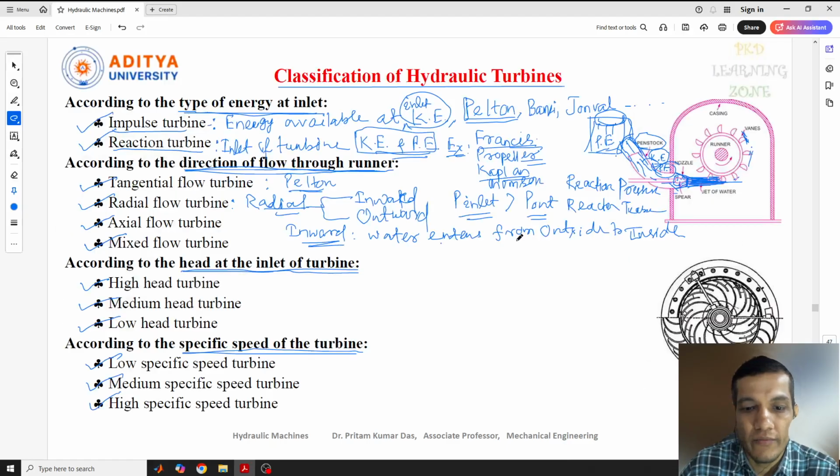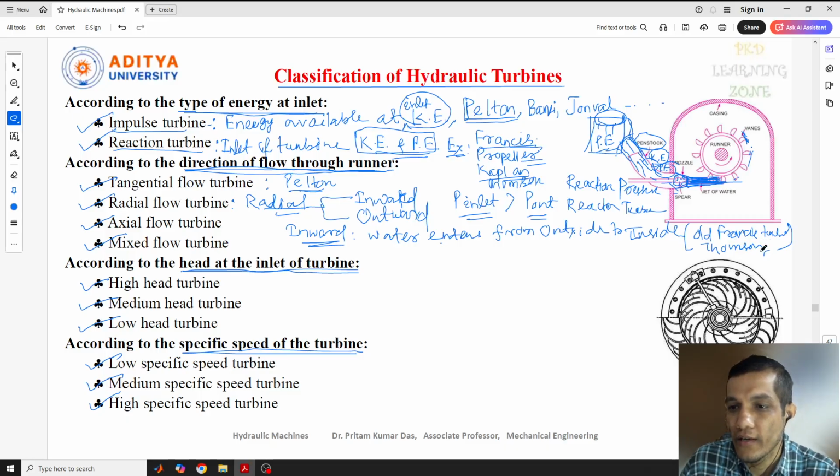Now, what are the examples of this? The example is the old Francis turbine. Even the Thomson turbine also comes under this, and the Girard turbine is also there. So these are some different types of turbines coming under the inward radial flow turbine, and mostly the old Francis turbine is used. Now I'll show you.